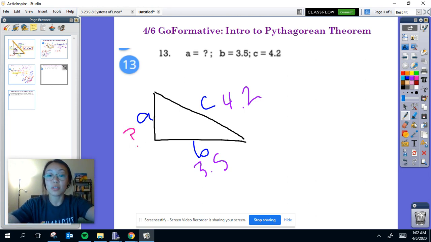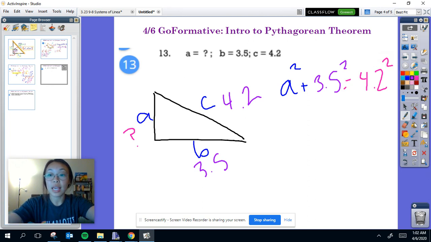When I set that up using my formula, I should have A squared plus, and since I know what B is, 3.5 squared, and since I know what C is, 4.2 squared. Remember, to get A by itself, I need to move this over here through subtraction.